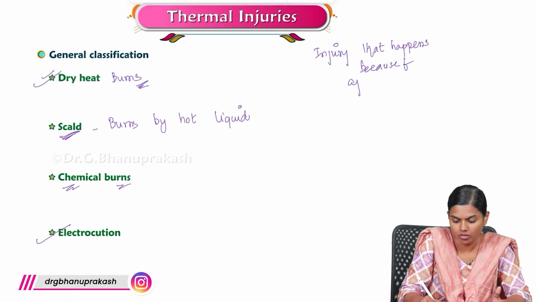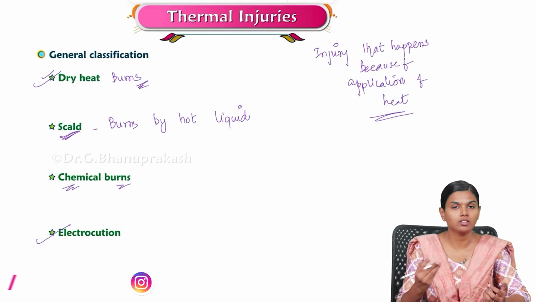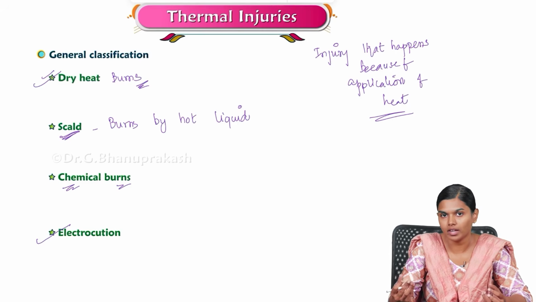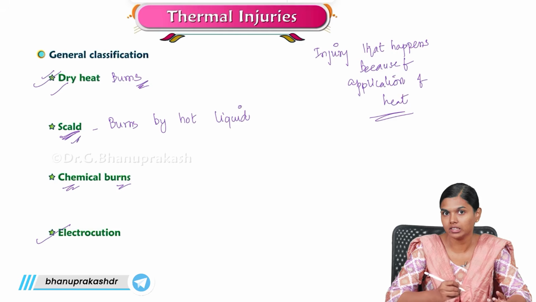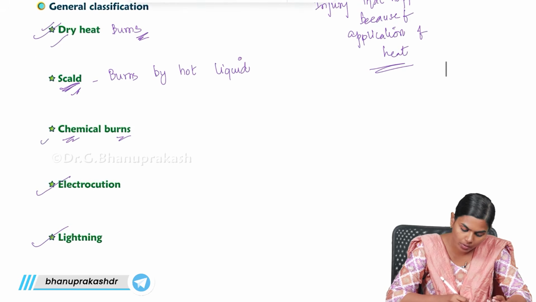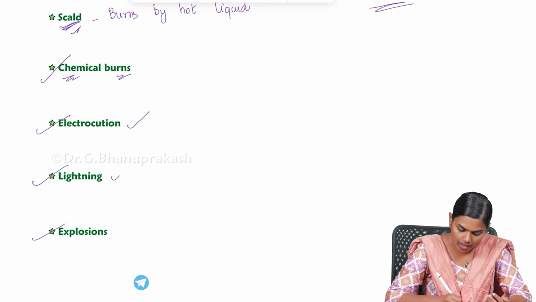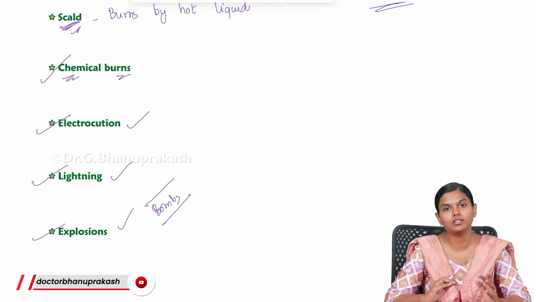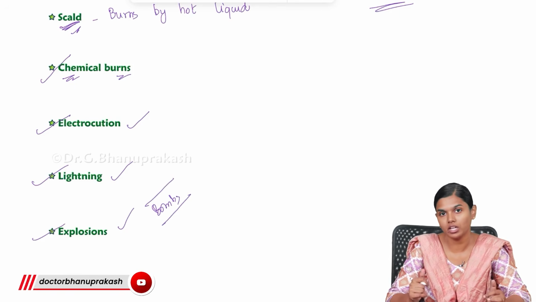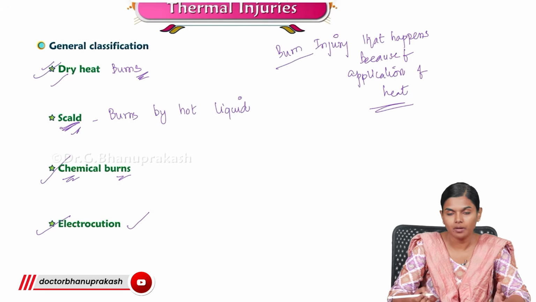This heat may be produced by dry heat, that is the burning of any carbonized item, or it can be caused by any hot liquid, that is your scald, or by any chemical, that is your chemical burns, or it can be due to electrocution, lightning or explosion, that is your bombs. So everything that you get because of the application of heat, we call it a burn. So this is the definition of burn injury.